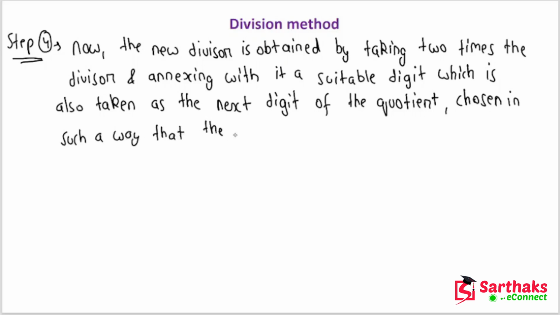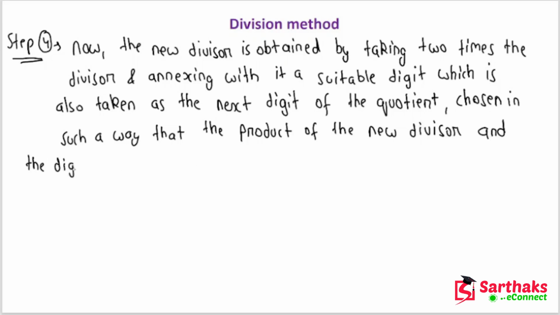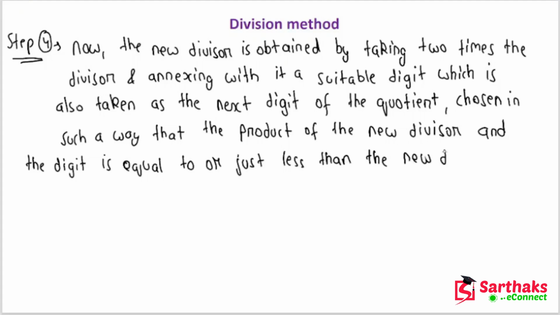Chosen in such a way that the product of the new divisor and the digit is equal to or just less than the new dividend.